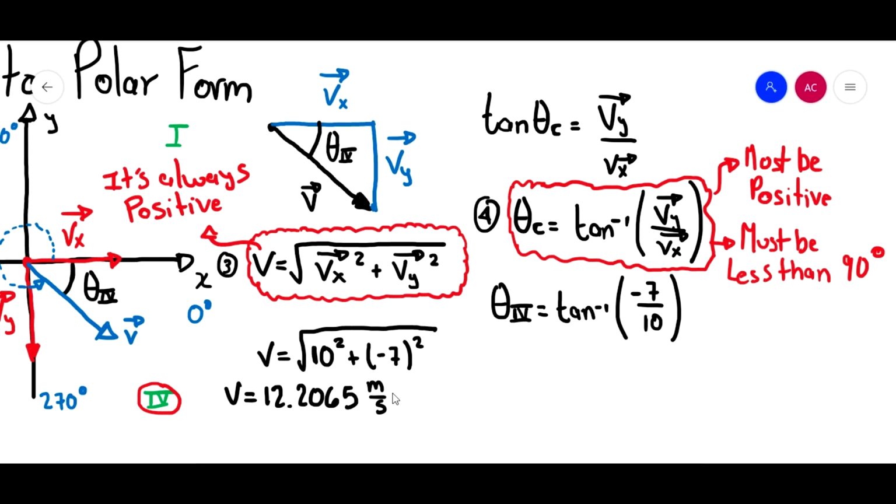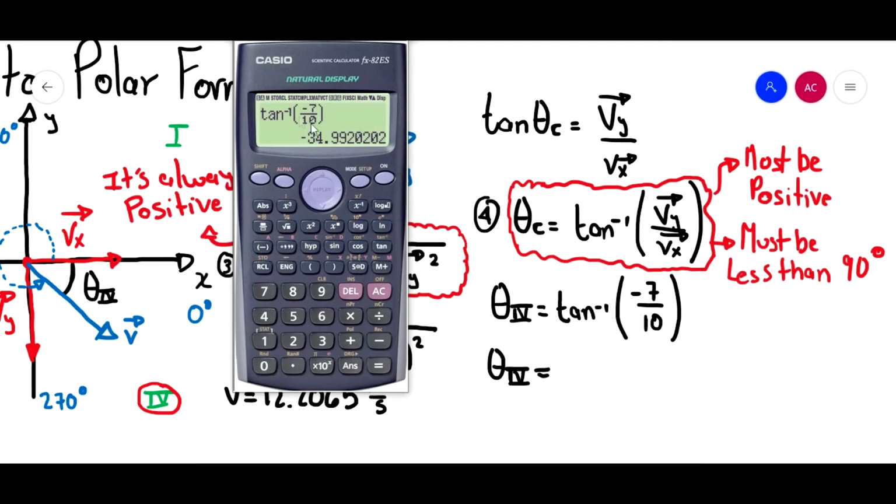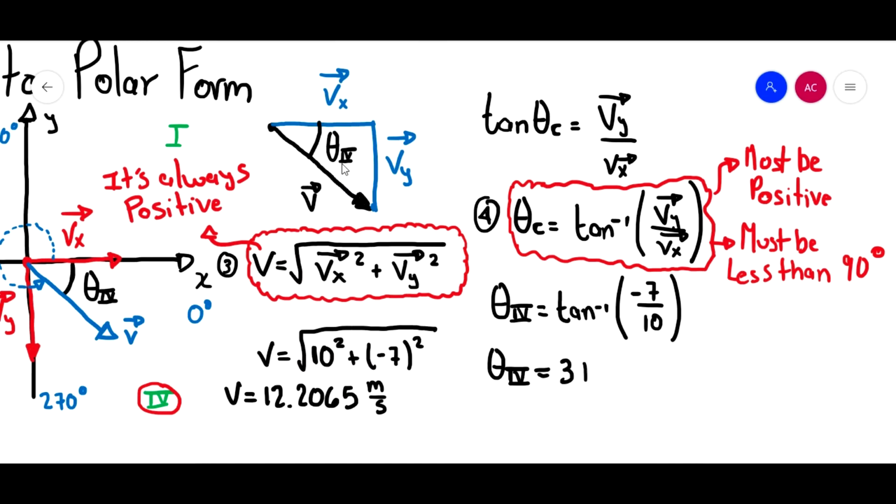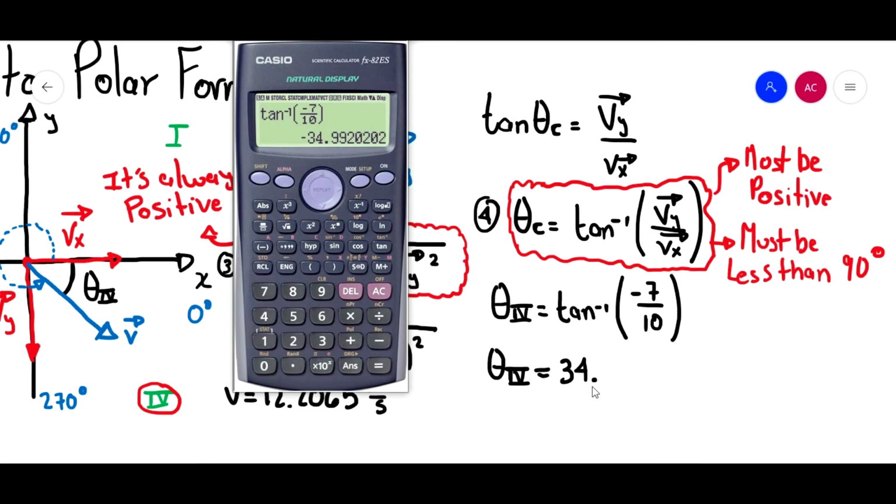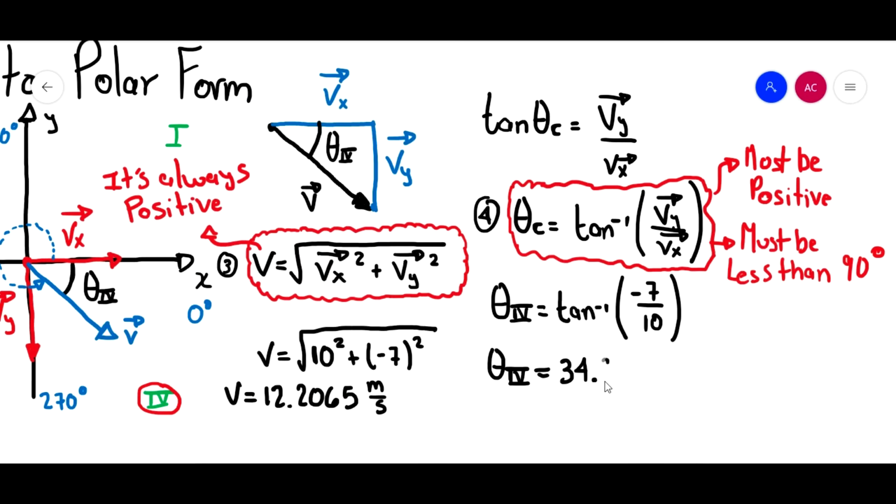Those are two very important notes. So the angle of the fourth quadrant must be positive, so I'm going to make it positive. It's going to be minus 34.9920, made positive: 34.9920 degrees.